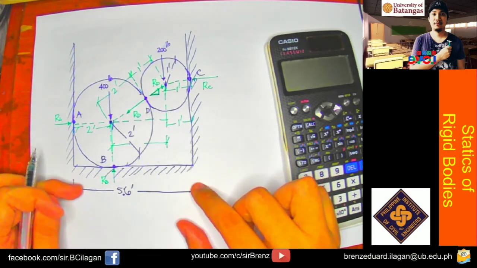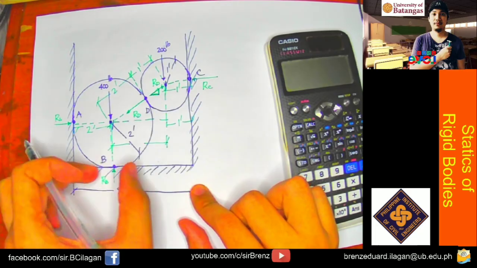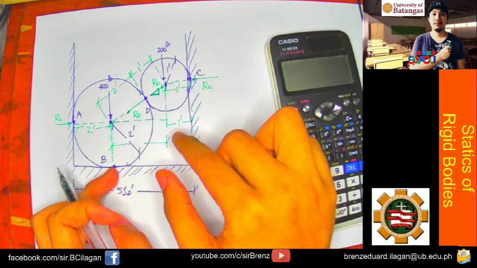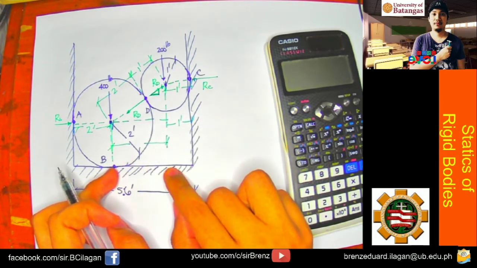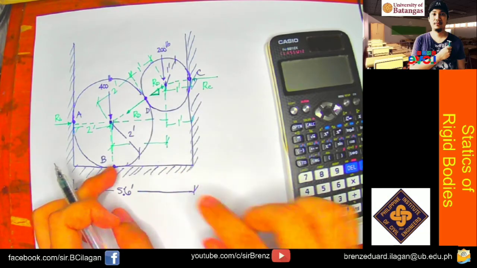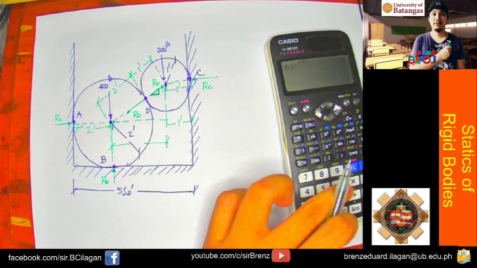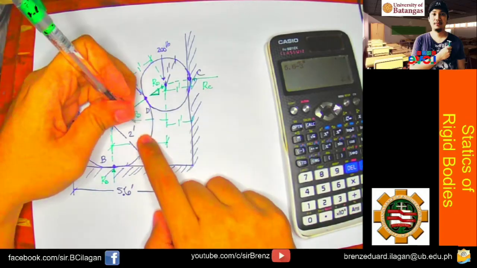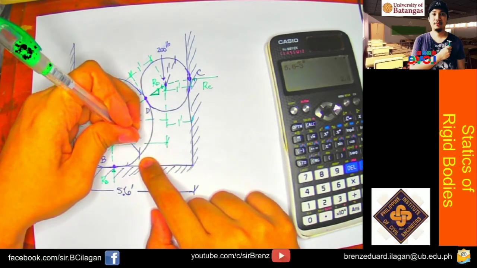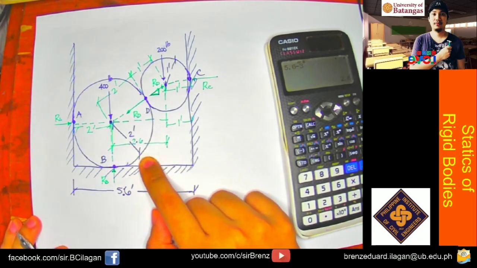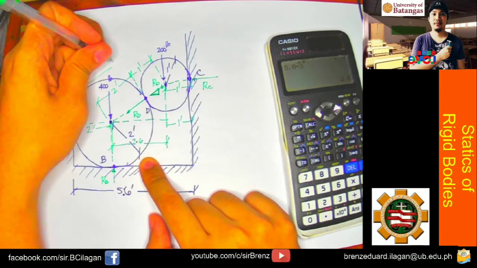That is simply 5.6 minus 2, and then minus 1, or 5.6 minus 3. So the base of this triangle is 2.6, and this one is 3.